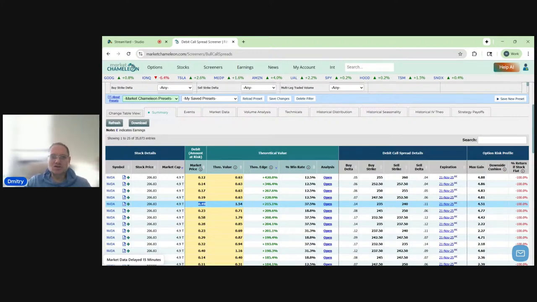That doesn't tell us if this call spread is priced on the high end or low end, especially when we're looking at two different strikes where you're buying one and selling the other. So now you have a skew situation where even if the implied volatility is high, that doesn't mean the call spread is high on a relative basis, because you have two different strikes.